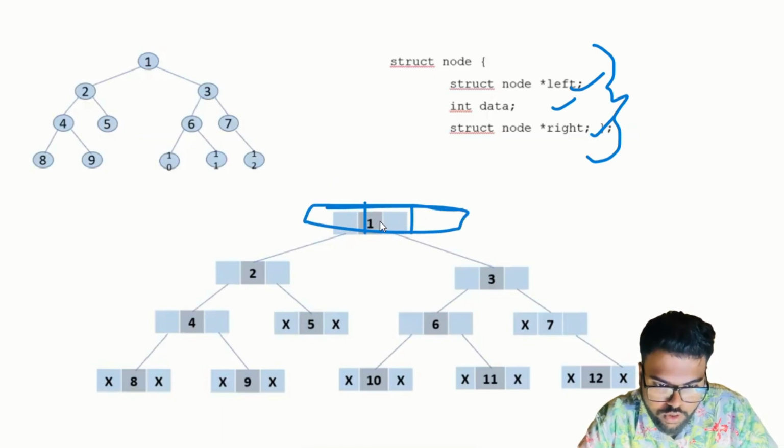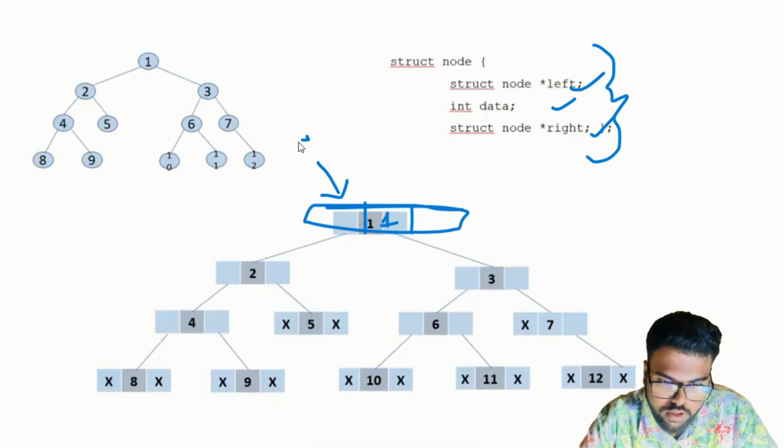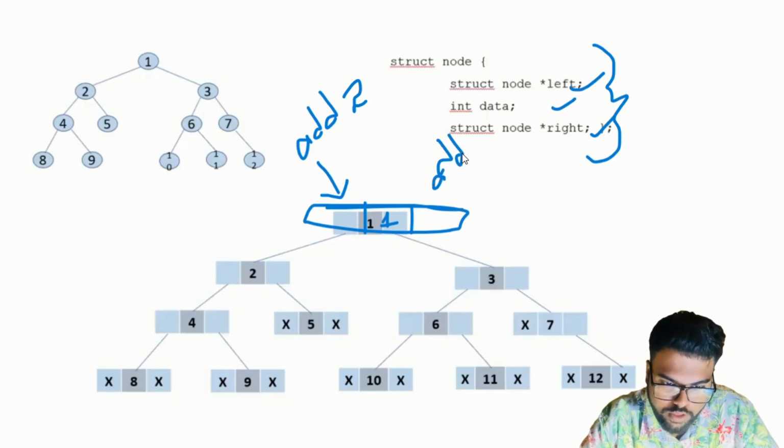Look at this node. This is the data element. The data element is 1. This address is the left child, which is 2. This address is the right child, which is 3.